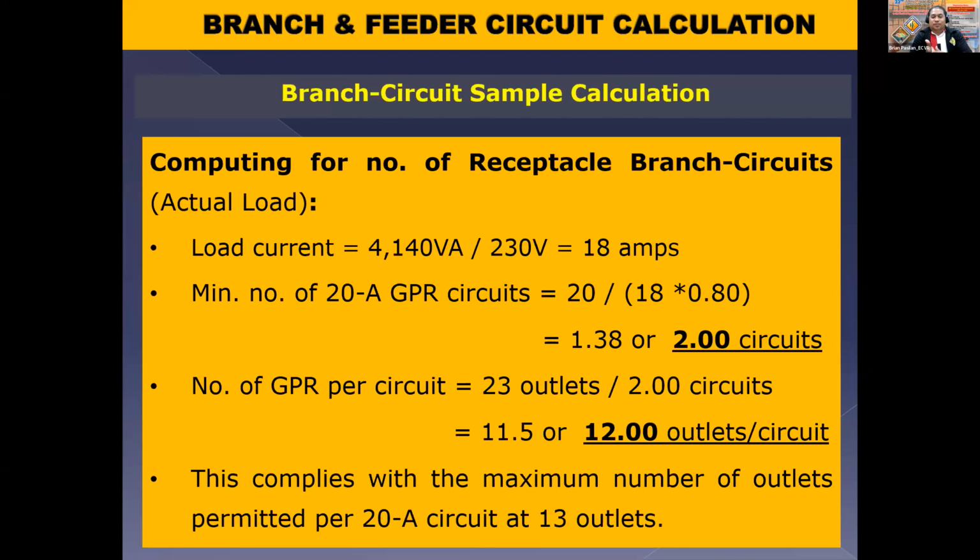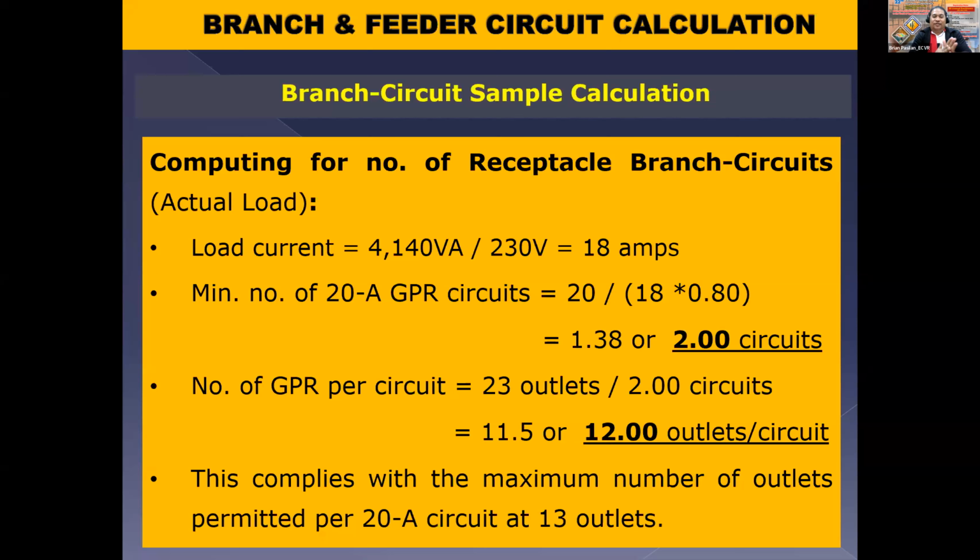So how many outlets per circuit? So kung two circuits yan, then there are 12 outlets per circuit. So for 20 amperes na provision, like we have a limit of 13 outlets ba yun, di ba? So ayan tayo, 12 outlets per circuit. So yun lang consideration natin, ha. For a 20 ampere circuit, up to 13 outlets lang tayo.